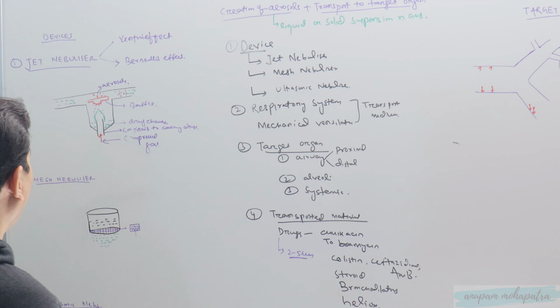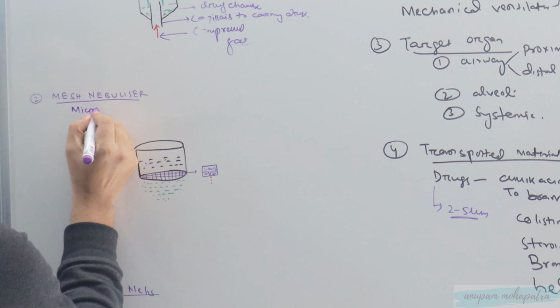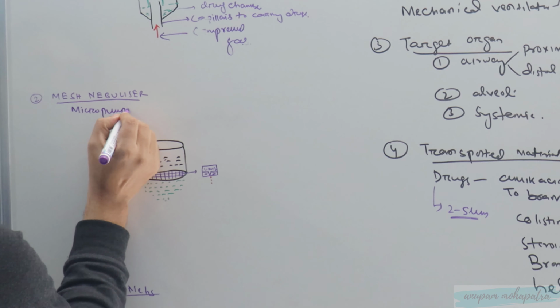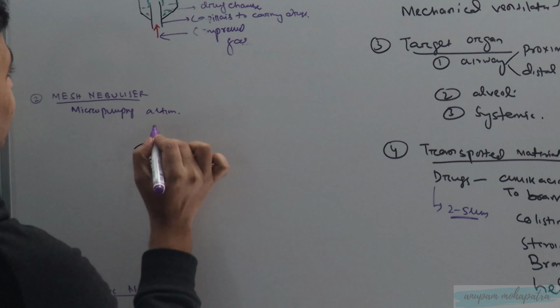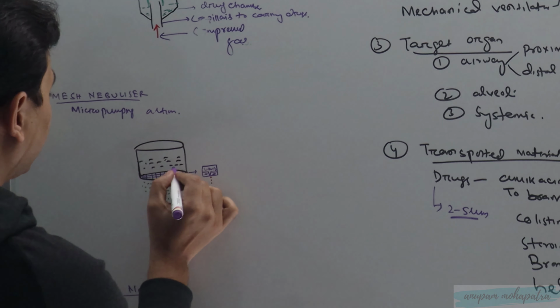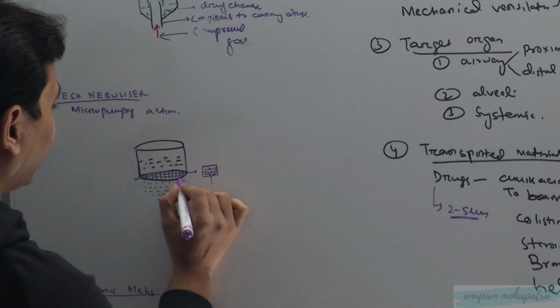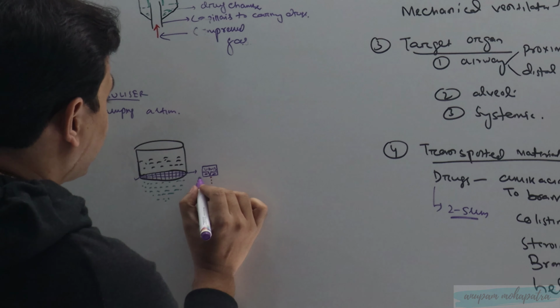So what are its components? It works to the principle of micropumping action. So this is the mesh down here. If you take a cross section and zoom it, you will find this aperture looks like this.